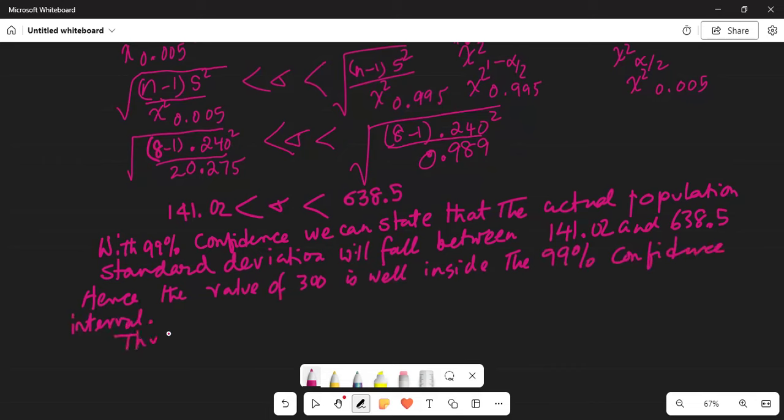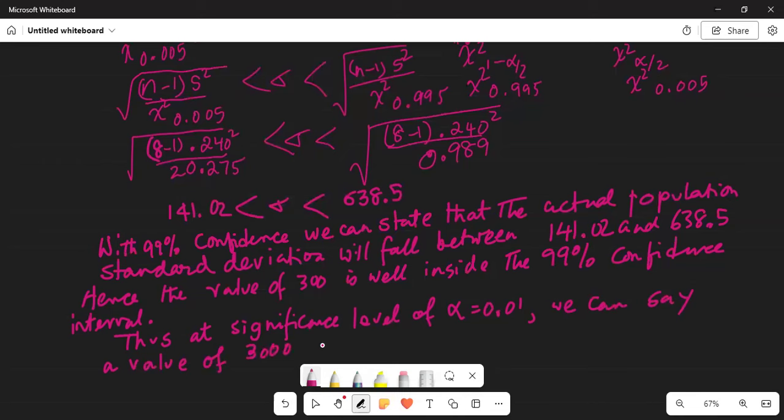Thus, at significance level alpha equal to 0.01, which is the opposite of the confidence level, we can say a value of 300 is not significant, because it is well possible to have a value of 300 at 99% confidence. Okay. This is the end of part B.